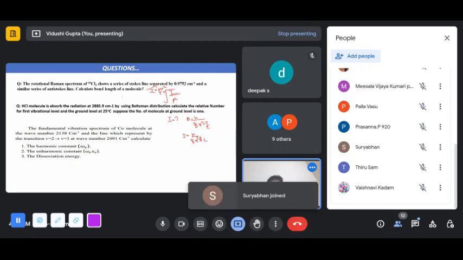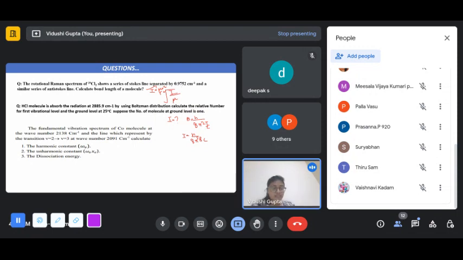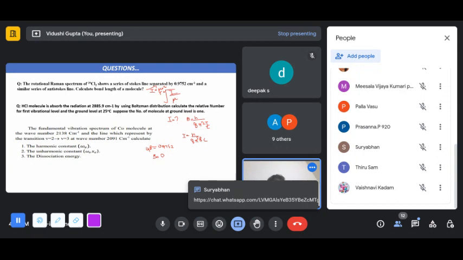And here in the question it is given that it shows a series of Stokes lines separated by 0.9752. So you know that the spacing value is 4B, it's 0.9752. So B will be 0.9752 divided by 4.